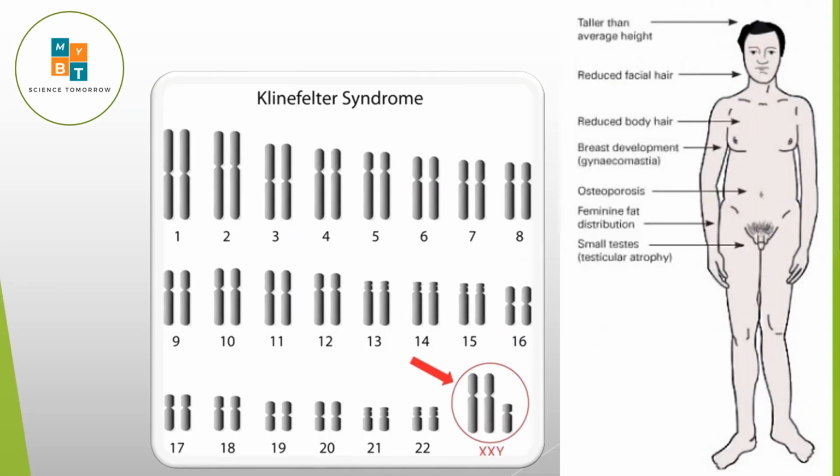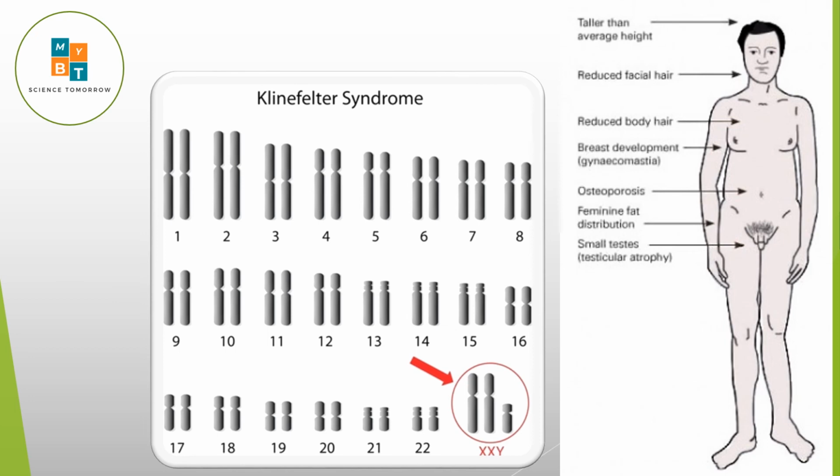Now we are going to talk about Klinefelter syndrome. This is due to XXY. It should be XY, and there's an extra X chromosome, so you call it a trisomy.